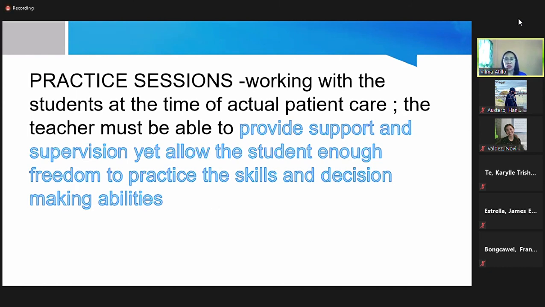Sometimes when you do the bed making, you are too slow. Diba? You have already had the return demonstration in the Fonda lab. The CI expects that you can perform the task, but we are not expecting you to be that fast. So the CI will help you to do this particular procedure, but you will be the person that will do most of the procedure.